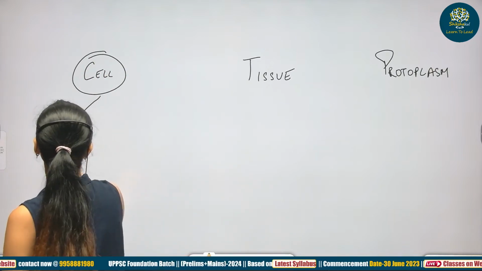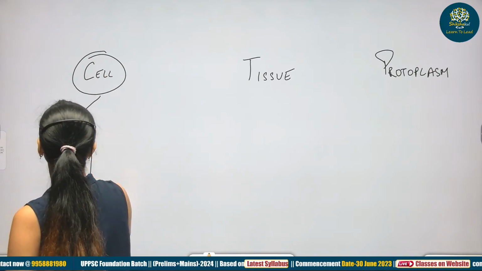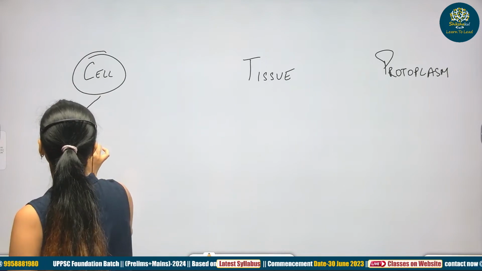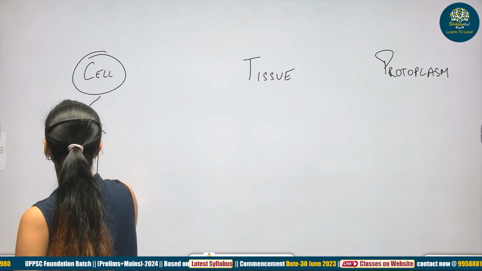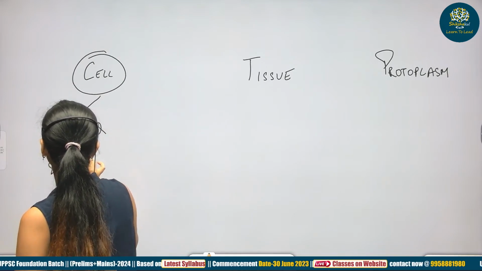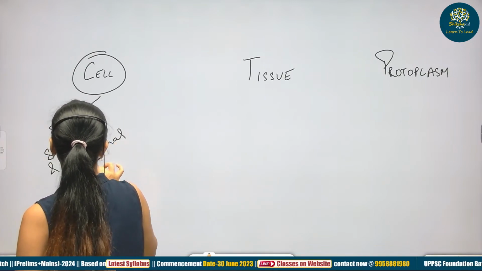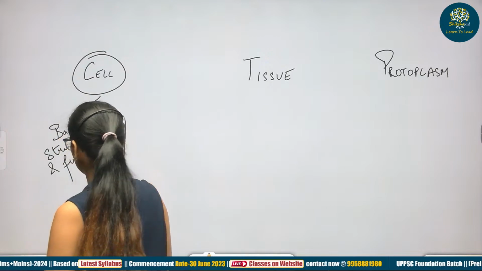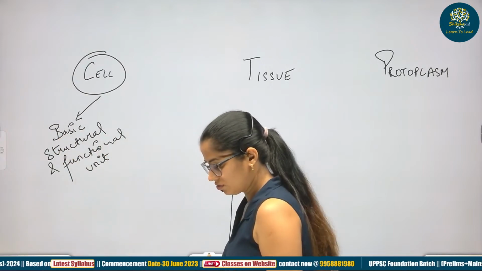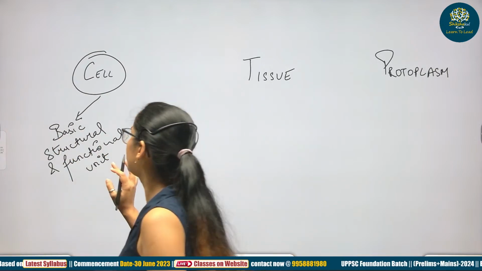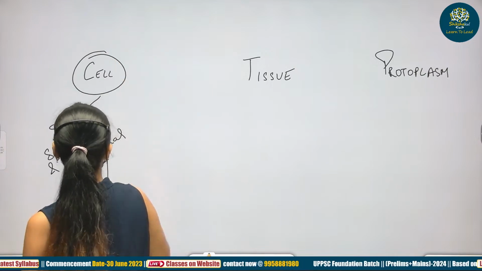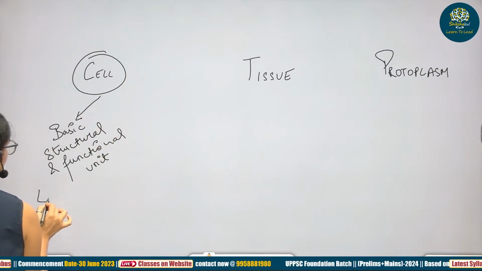So it's a basic structural and functional unit. Cell was first invented by Anton van Leeuwenhoek. Who invented this cell?